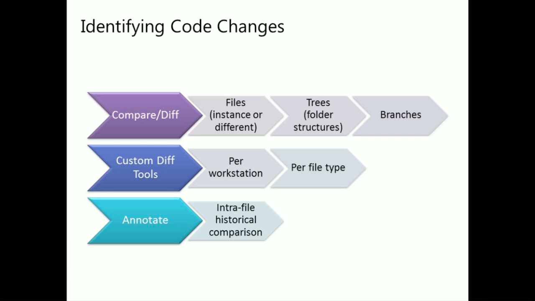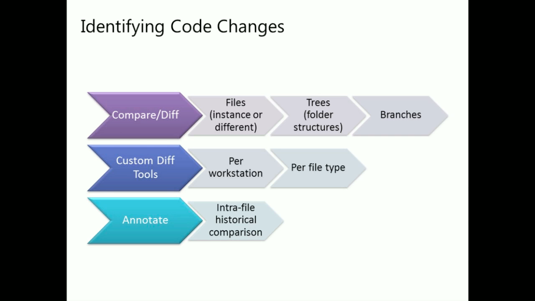And lastly, annotation is a great way of inspecting a file's content historically without looking at the previous revisions themselves. For instance, if you've ever been doing a quick peer review or code review of a file, and you come across a method or a function that makes you scratch your head and say, I wonder why that's in there, I'd like to talk to the person who wrote that line of code.